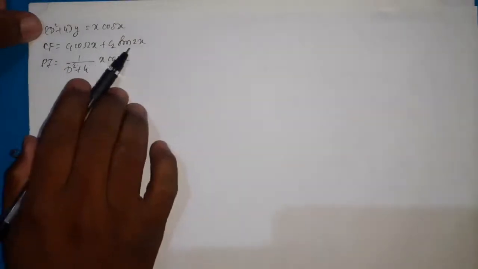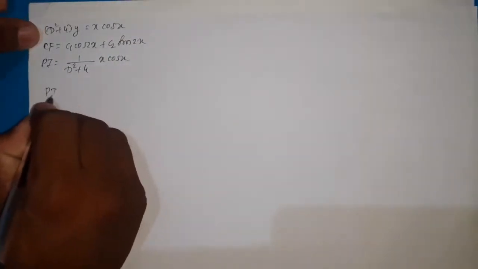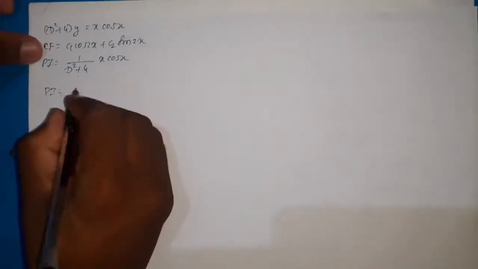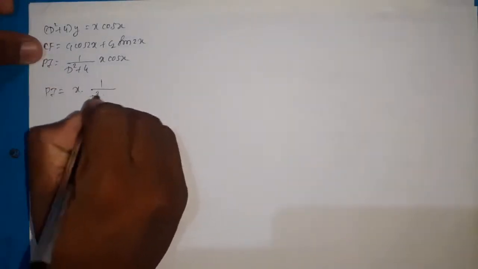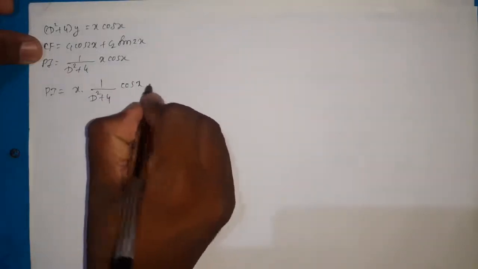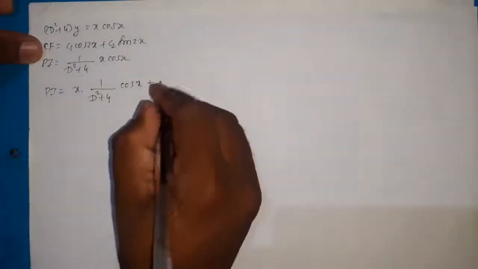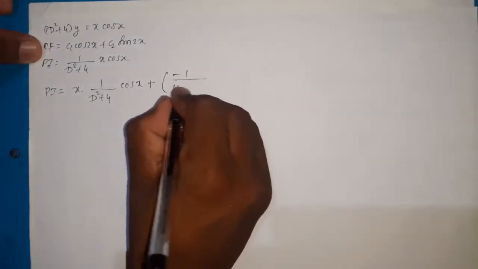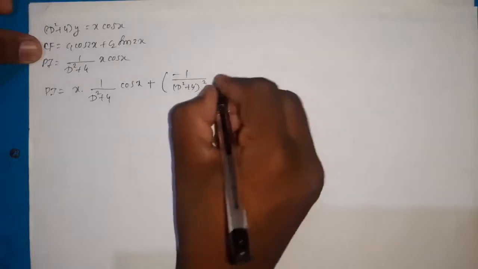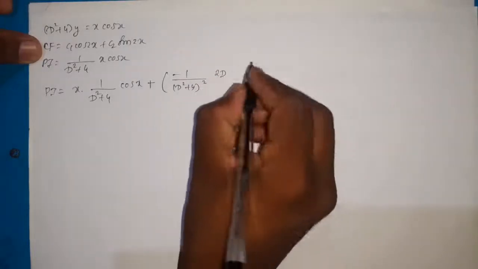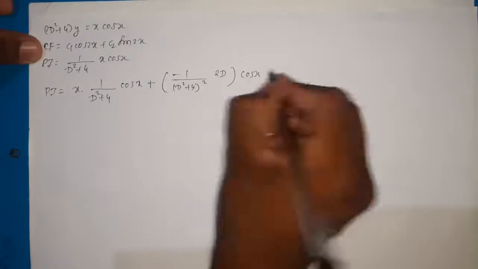Next example is d square plus 4 into y is equal to x cos x. So here in the previous example we had sin x, and here it is cos x. Now the complementary function is c1 cos 2x plus c2 sin 2x, and the particular integral is 1 by f of d into x cos x. Then it is x into 1 by d square plus 4 into cos x plus, here minus 1 divided by denominator square, that is d square plus 4 whole square into derivative of d square plus 4, which is 2d, into cos x.